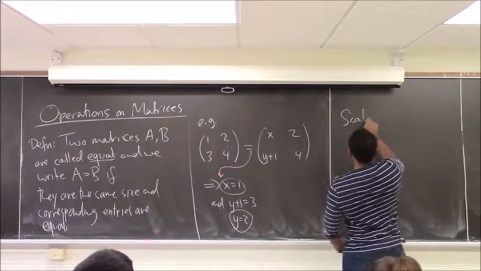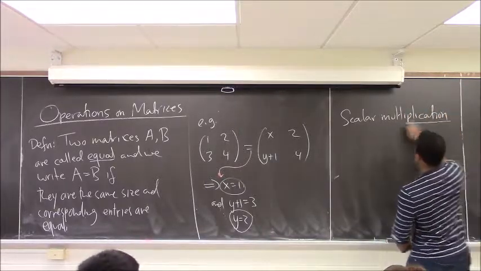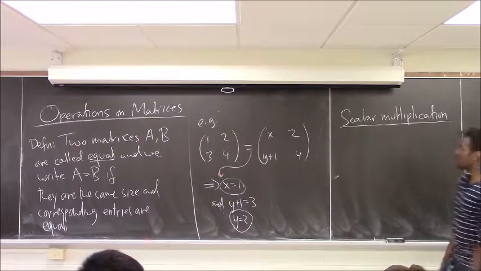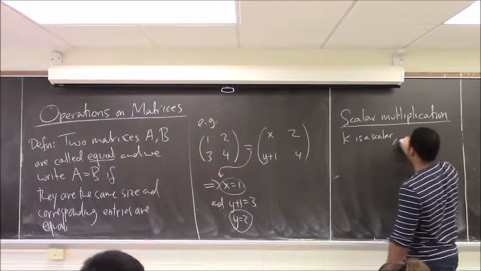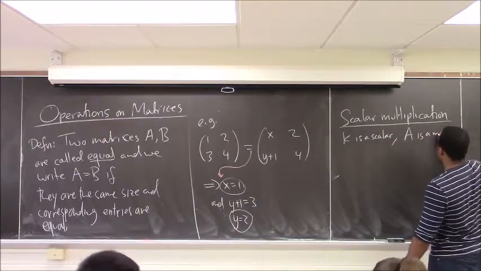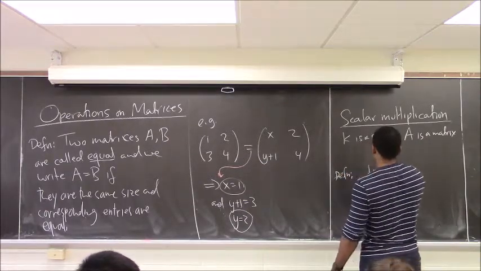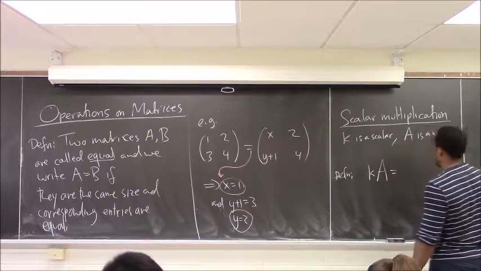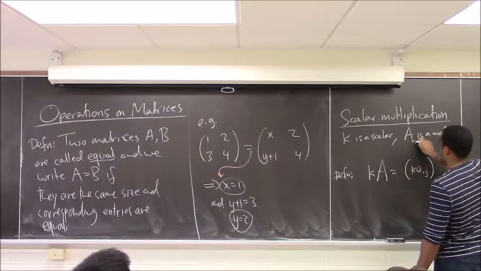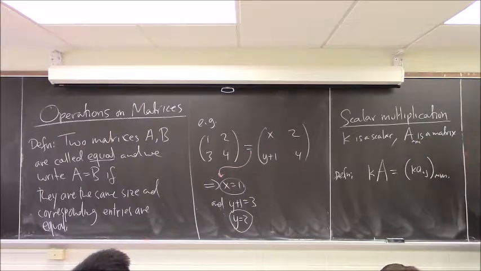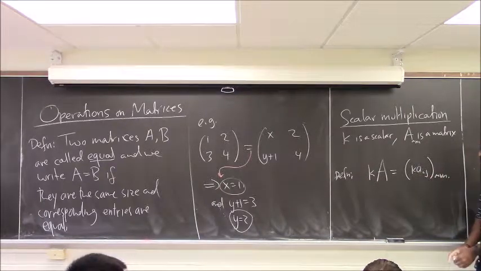There's something called scalar multiplication. A matrix can be multiplied by a number. So K is a scalar, which just means a number, a constant. A is a matrix. Then we define KA to be equal to this matrix. Say this is m by n. In other words, if you want to multiply a matrix by a number, it's the same thing as multiplying each individual component by that number.